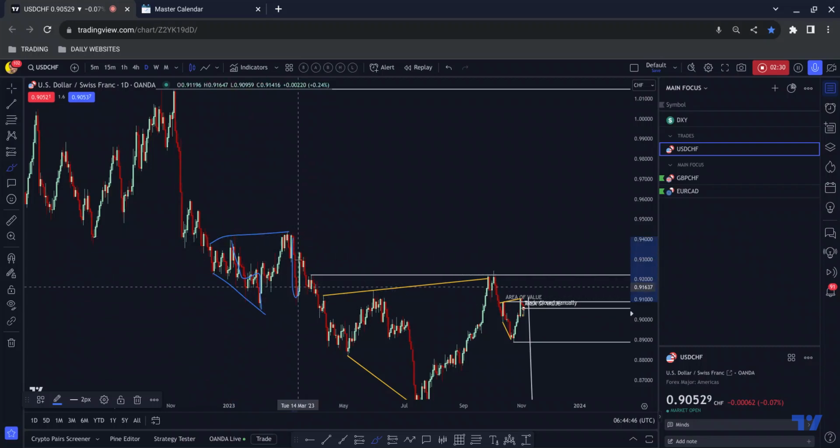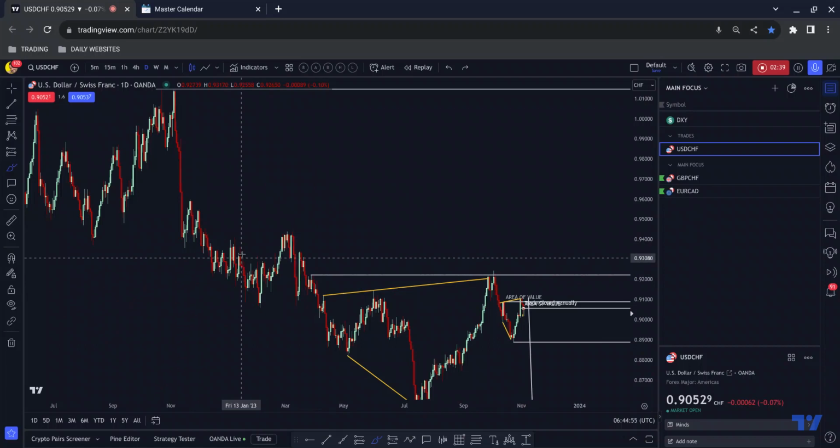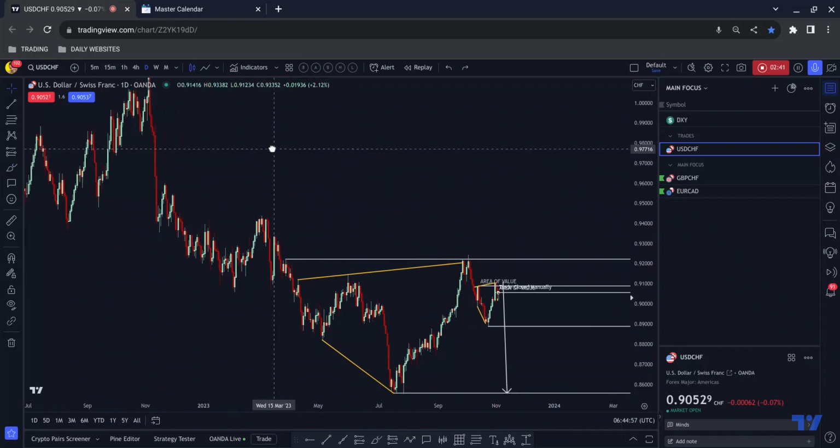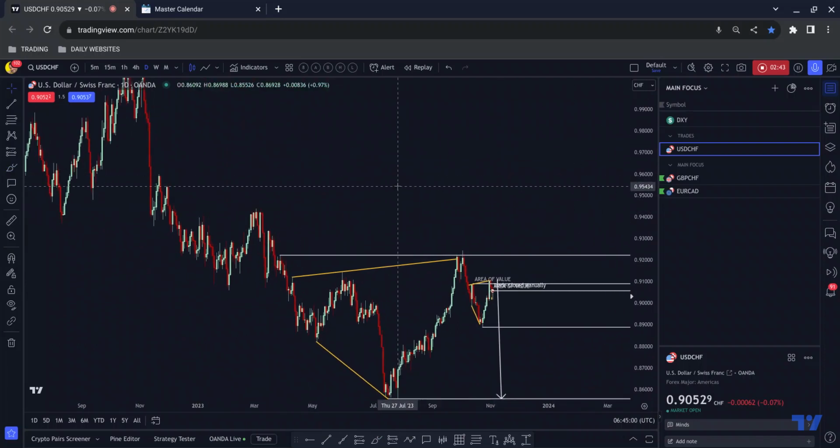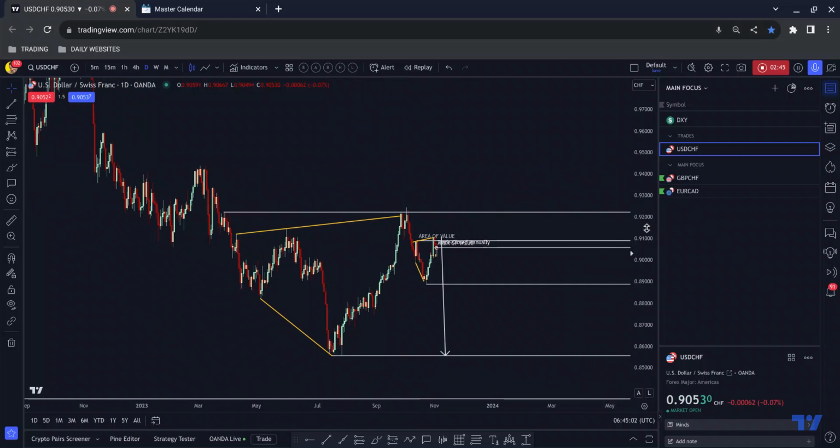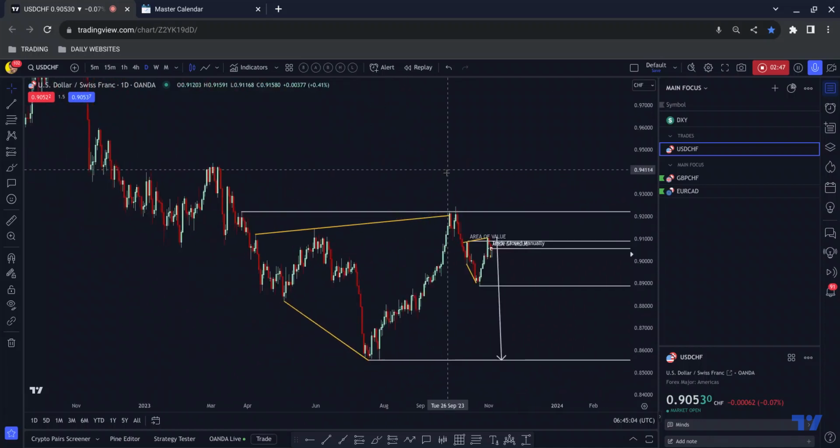Of course, we do scoop up there, but then we drop. But we can see that that is a completed piece of structure. So if you've been watching my videos regularly, you will notice how these completed structures typically play out. If they play out consistently, then why would we not look to trade them?